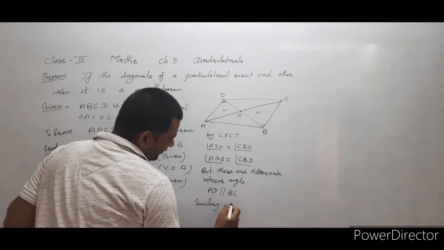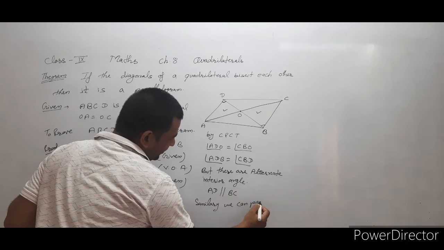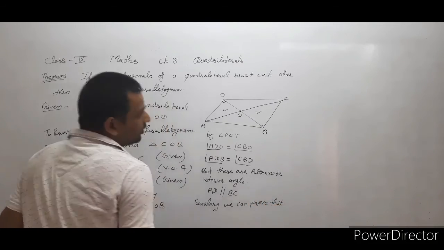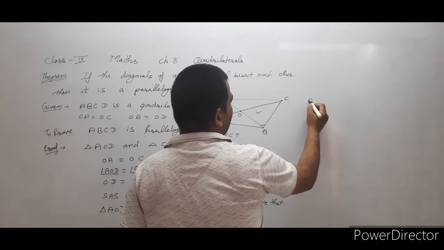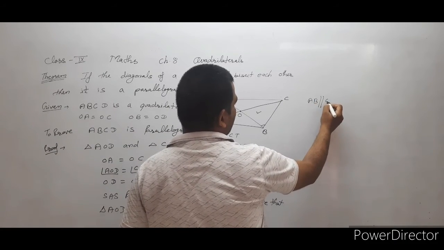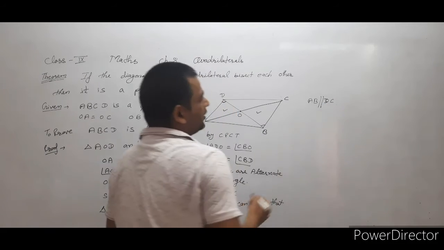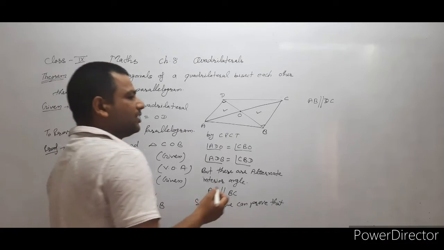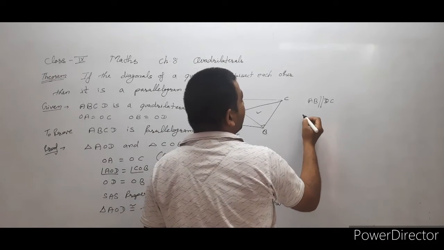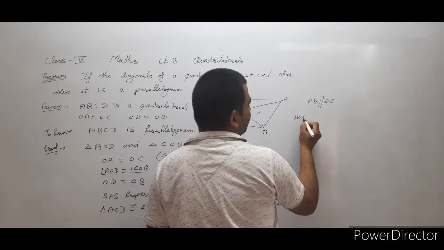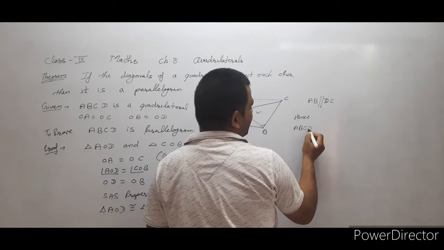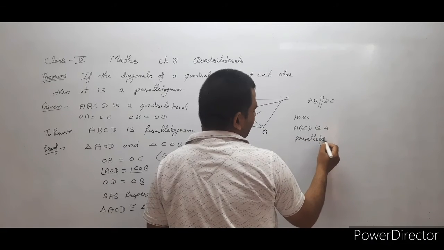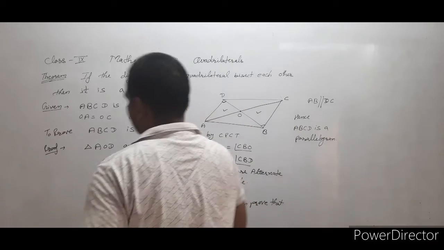Similarly, we can prove that the side AB is also parallel to DC, and if opposite sides of a quadrilateral are parallel to each other, then hence ABCD is a parallelogram, which we have to prove in this theorem.